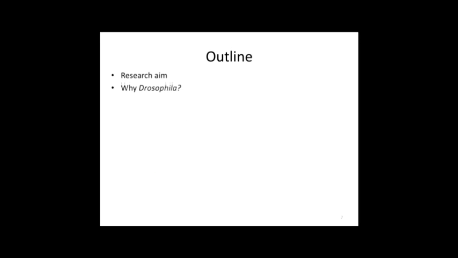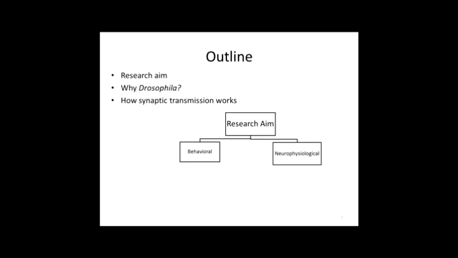During this presentation, I will give the aim of my research, discuss why I chose Drosophila, explain briefly how synaptic transmission works. I will explain how I approached my research question from two different standpoints, using a behavioral test and neurophysiological tests.